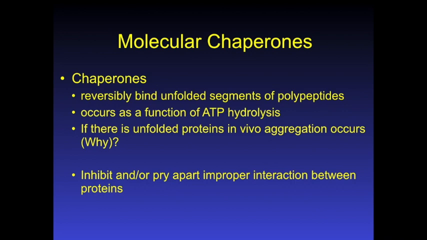All right. More complex helpers in the folding process are under a larger category called chaperones. Chaperones are larger proteins that bind reversibly to segments of proteins that are in the midst of folding.